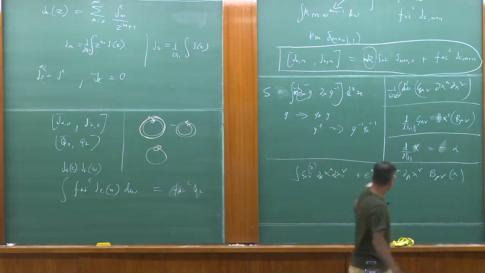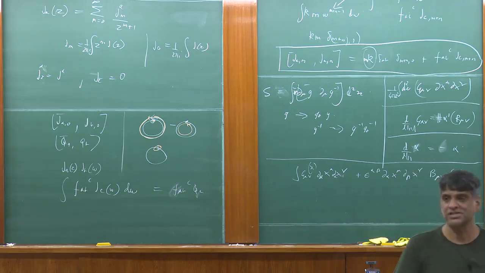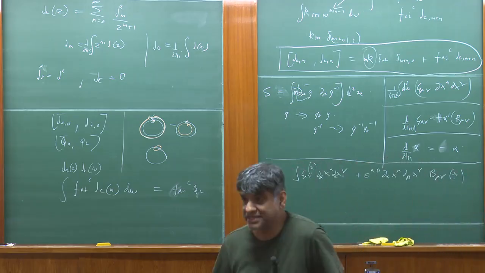But in order for this to be non-zero, this b mu nu is antisymmetric. At just the level of actions, writing down the most general two-derivative action, nobody can stop you from doing this.